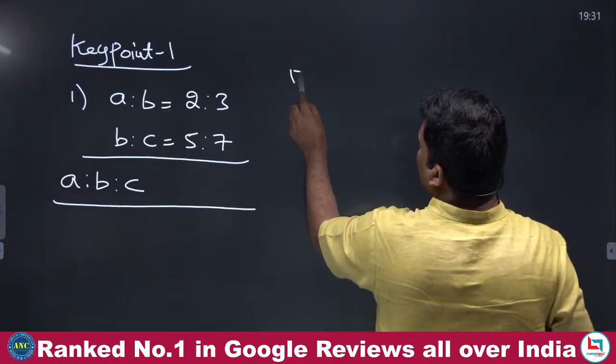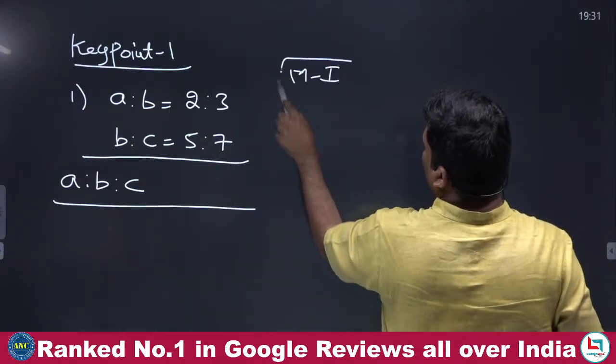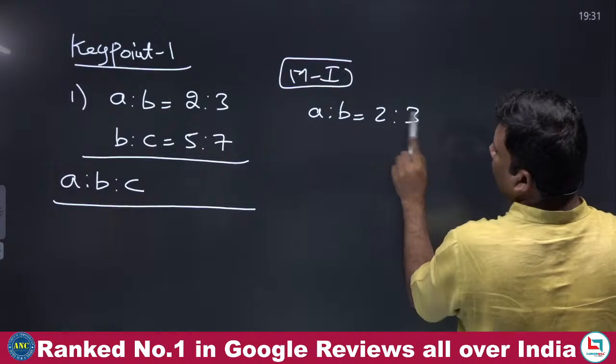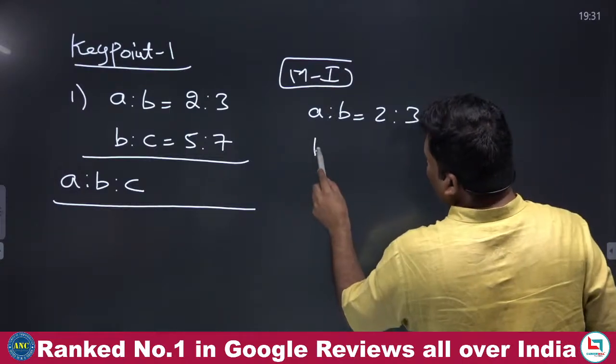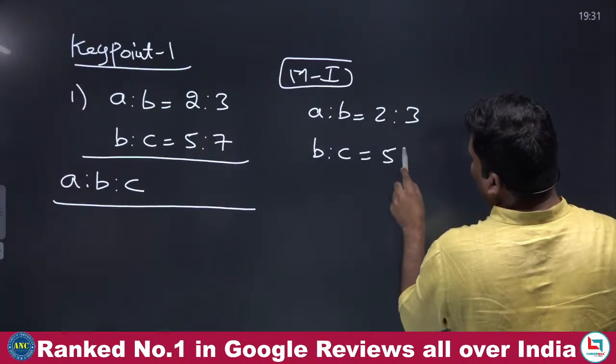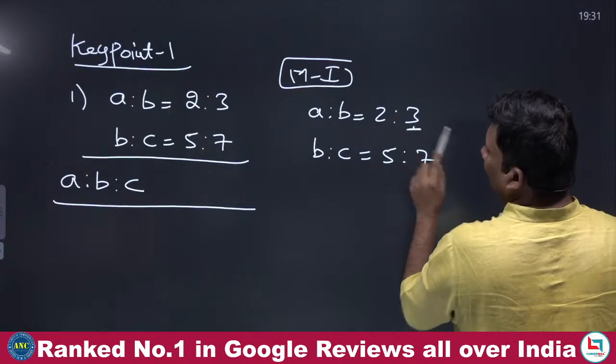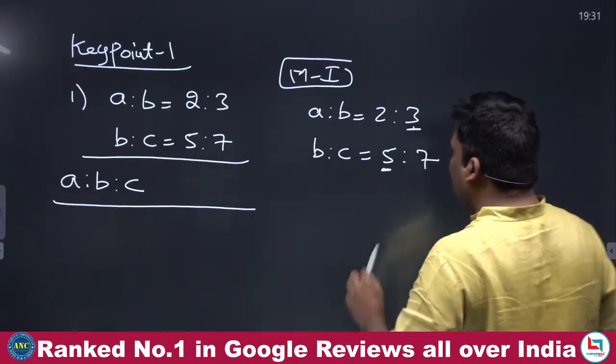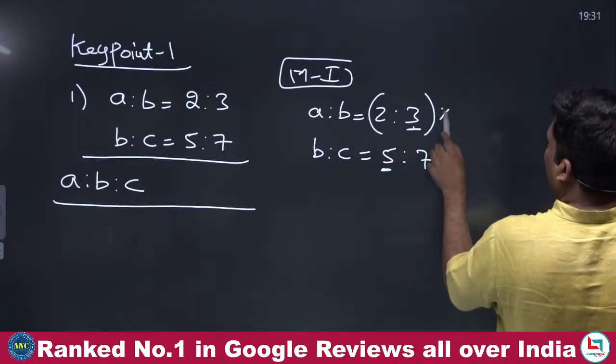What most of the students will do is method 1. A is to B is equivalent to 2 is to 3. B is to C is equivalent to 5 is to 7. Here B value is 3. Here B value is 5. Make them same. So multiply this by 5.